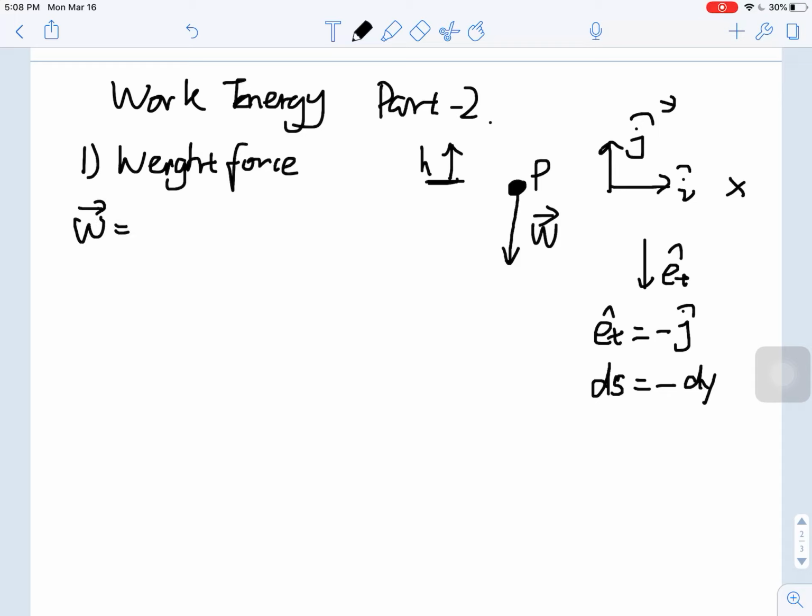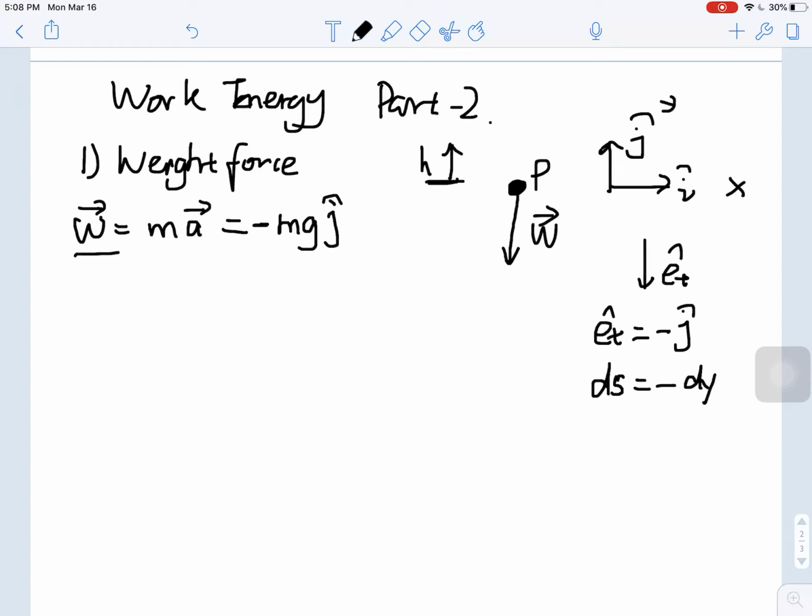W can be written as mass times acceleration, F equals m a, where a is g, the gravitational acceleration. In terms of i and j, it's definitely in the j direction. It's moving downwards, so it's the negative j direction.